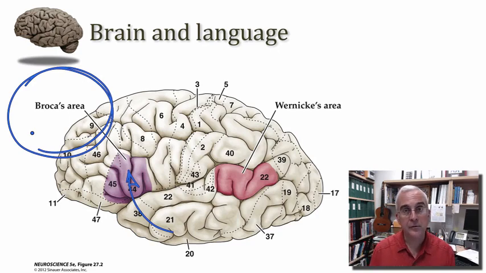It was named after Pierre-Paul Broca, who described a patient with damage to this part of the brain. And in life, following this injury, the patient was severely impaired in his capacity to make speech.